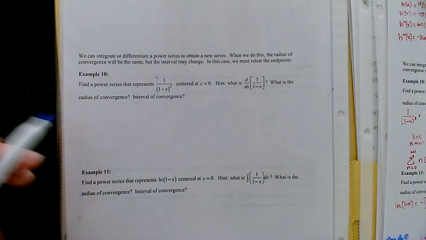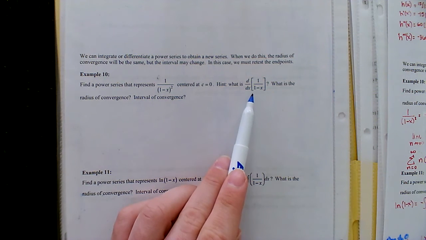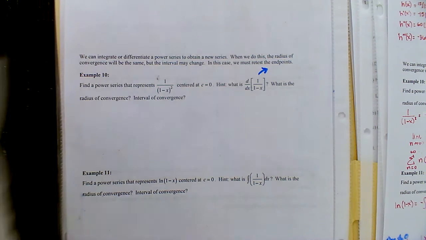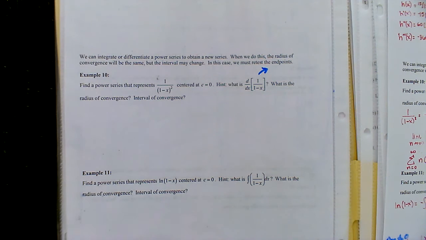Okay. All right. So the hint says to take the derivative of this. So what is the derivative of that? Derivative of 1 over 1 minus x. Think about the whole denominator to the first power, and then think about how you would take the derivative.